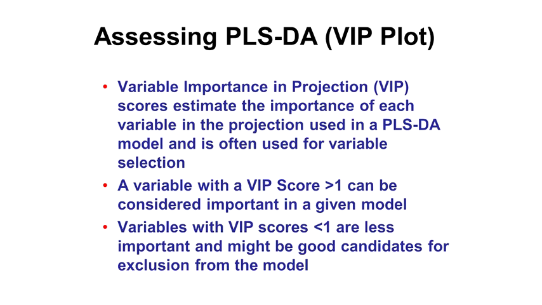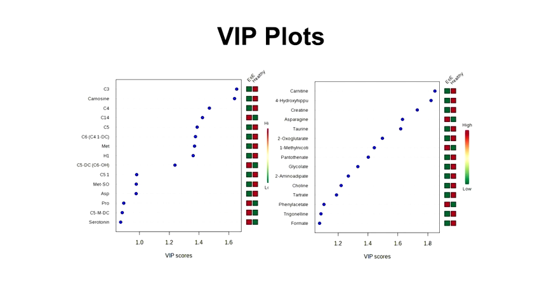Variables can have VIP scores more than 1, and generally if they are greater than 1, they're probably important. If they have scores less than 1, then they're probably not as important. So this is an example of some VIP plots generated from a PLSDA analysis. On the bottom x-axis, you can see scores ranging from probably about 0.8 to 1 to 1.2 up to 1.6.